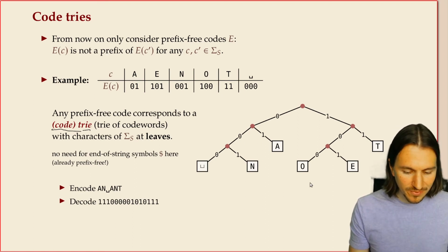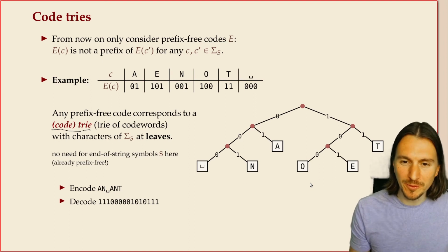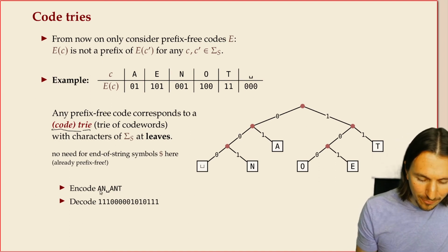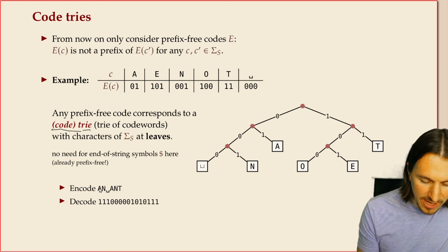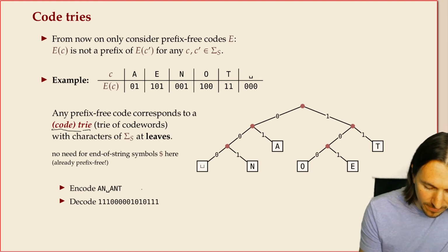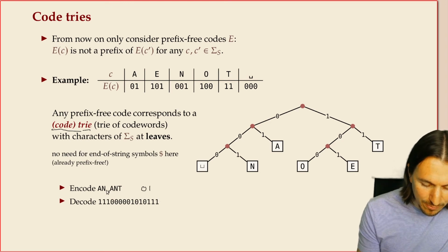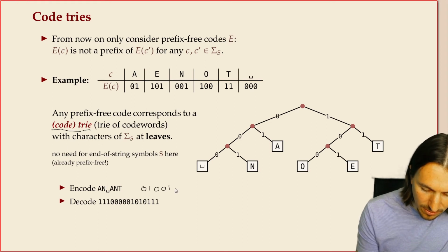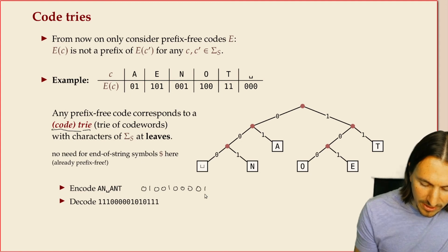So let's see that on a small example. If we want to encode this here, A is 0, 1. So we use the table to find the code word for A. Then we find the code word for N, 0, 0, 1. And we just append that. Then the space is 3 zeros. Then A is 0, 1, etc.